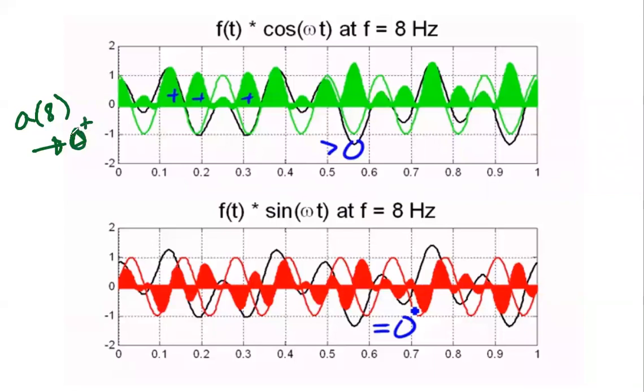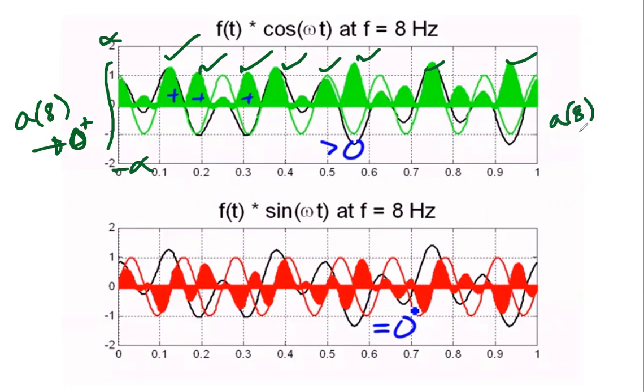And we have found that in the summation from minus infinity to plus infinity, we got a lot of plus amplitude. So if you sum up from minus infinity to plus infinity, of course, the A8, the magnitude, the real part would be more than 0, which is expected.